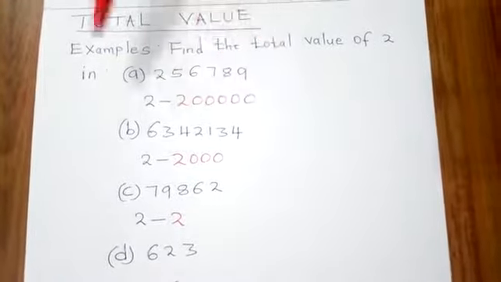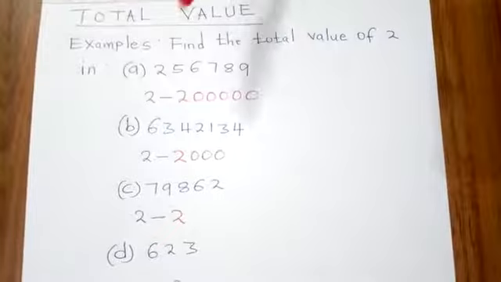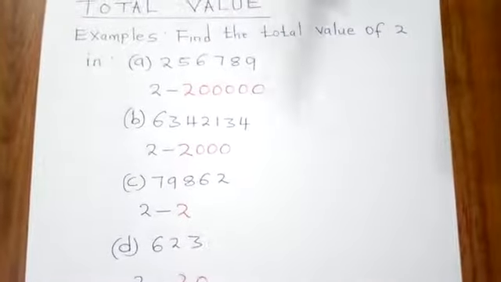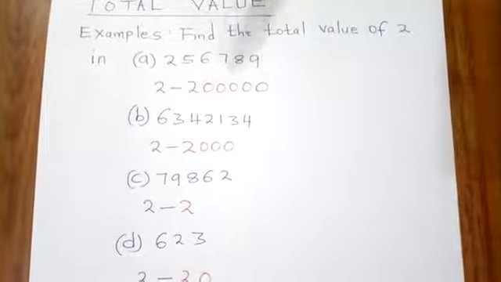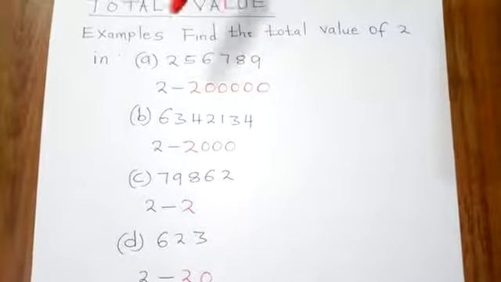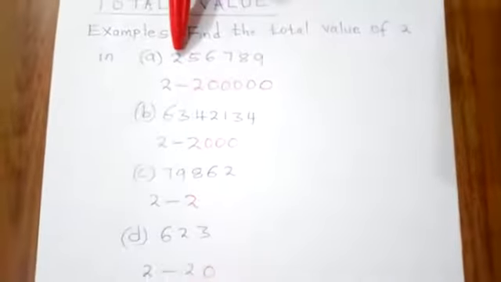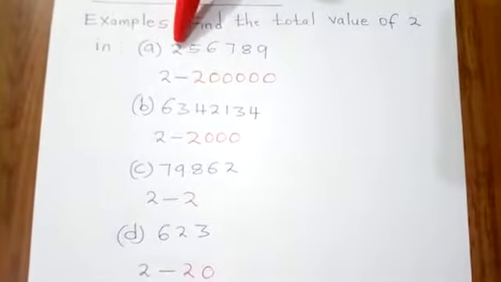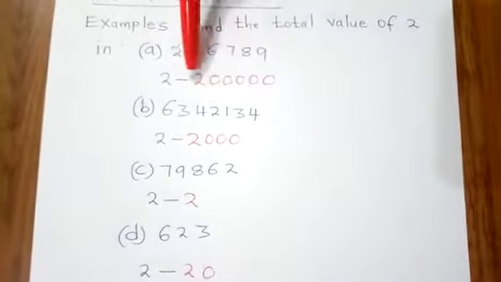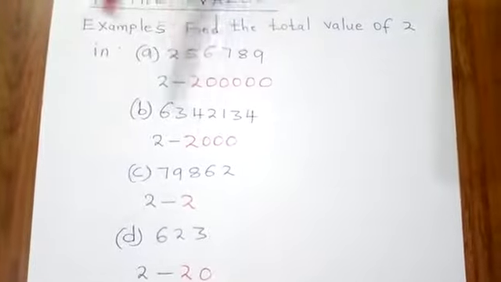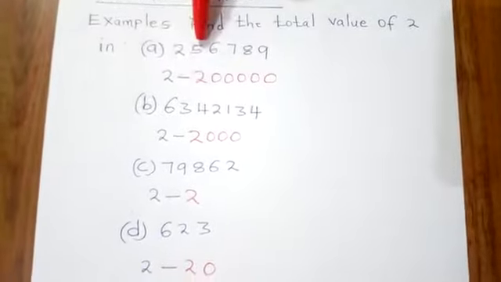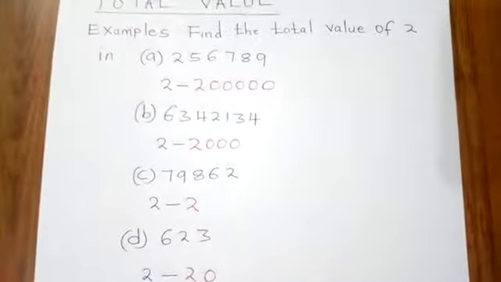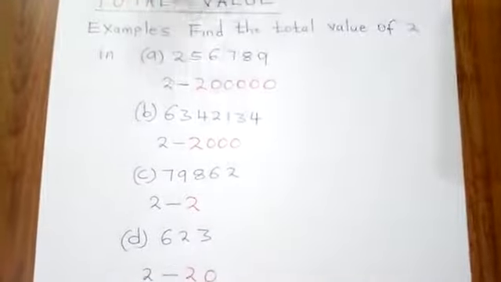We are supposed to find the total value of 2 in this number. I want to give you a simple method of finding or writing the total value of a number. Now 2, this is the position of 2, or the place value of 2. So the first thing, write 2, then the rest of the numbers after 2, make them zeros, no matter their value.